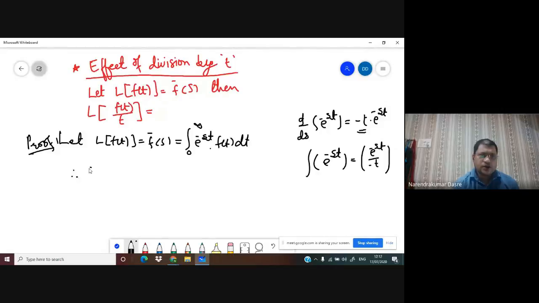So f bar of s is equal to the integral 0 to infinity e raised to minus st f of t dt. So I have this integral, and this integral is with the limits.